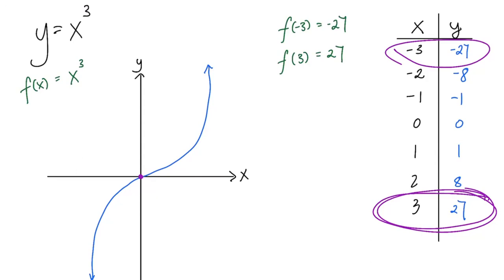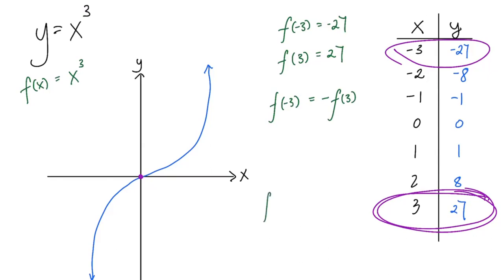We can say f of -3 is -27, so it must be negative f of 3. And this is true not just for 3 and -3. It's also true for 2 and -2, 1 and -1.